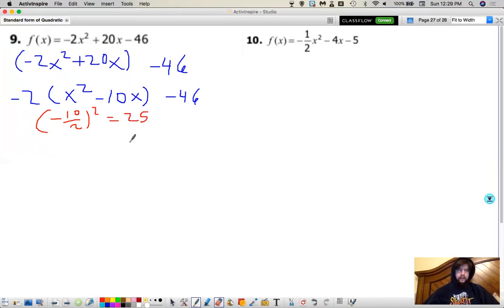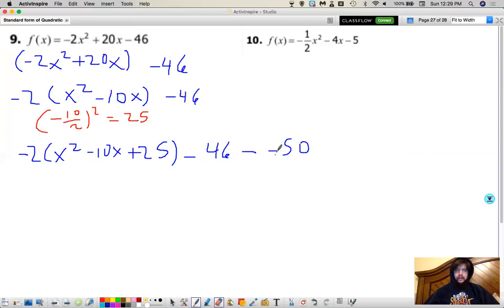All right, we're going to add that on the inside. On the outside, we're going to subtract a times this. Negative 2 times 25 is negative 50. So we're subtracting negative 50. We factor, combine like terms, simplify.